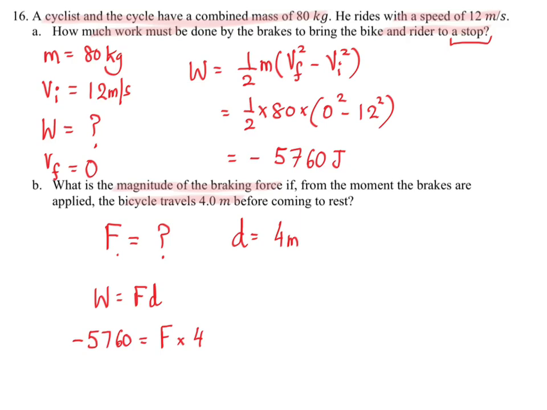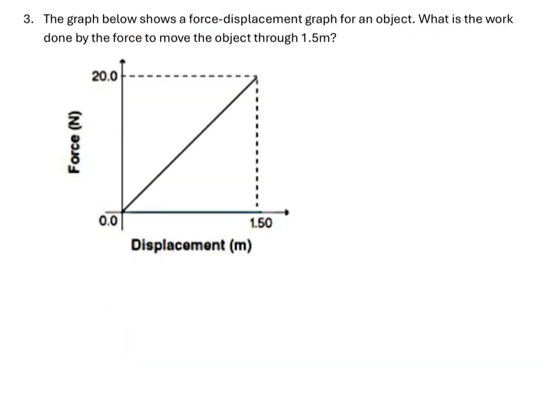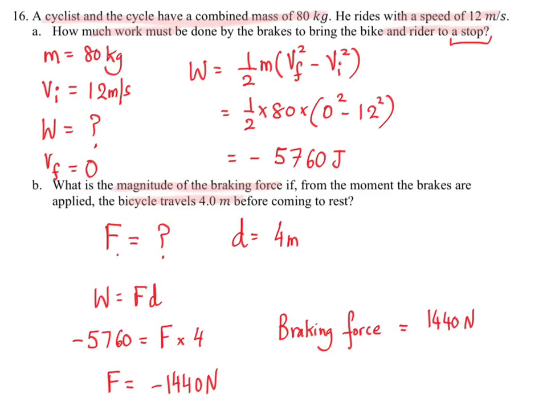Force we don't know, distance is 4. We can calculate the force to be negative 1440 Newton. Negative is just telling you that it's a braking force. So we can remove that negative and we can write braking force is equal to 1440 Newton.